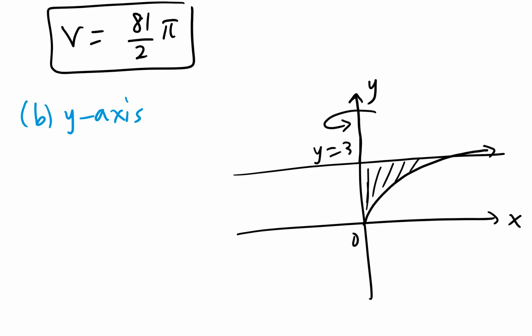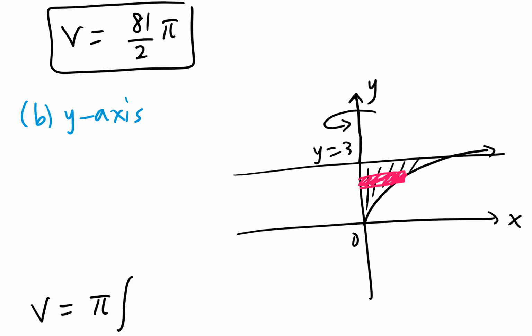So we have to draw a rectangle perpendicular to the axis of revolution. See, there's no space now between the region I'm revolving and the axis. So to find the volume, you start with the pi, the integral.